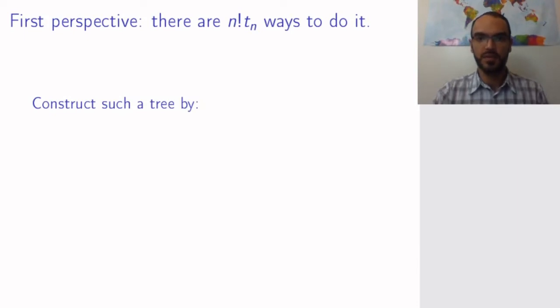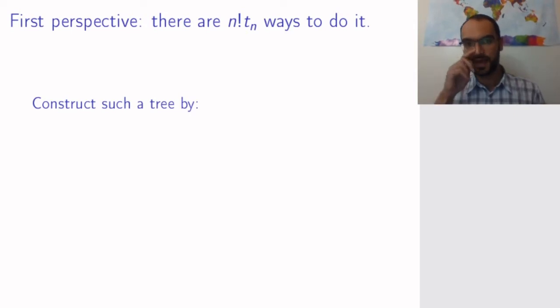We will first look at things from one perspective and show that in fact there are n factorial times Tn ways to start with a null graph and add edges so that you get the tree you want. We'll look at the general algorithm first and then see how it's done in a simple example.